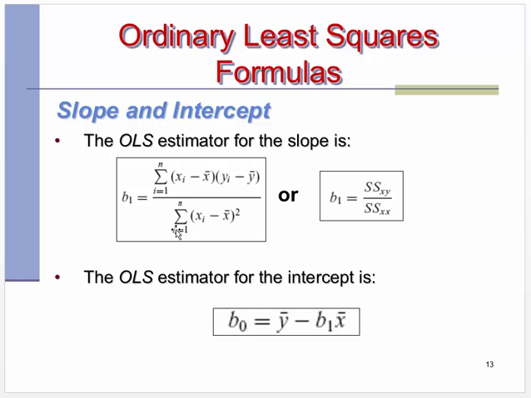The numerator is SSXY, the sum of squares xy, and the denominator is SSXX. Once you have the slope, the OLS estimator for the intercept is simply y bar minus b1 times x bar. So if you have b0 and b1, you have the fitted line.